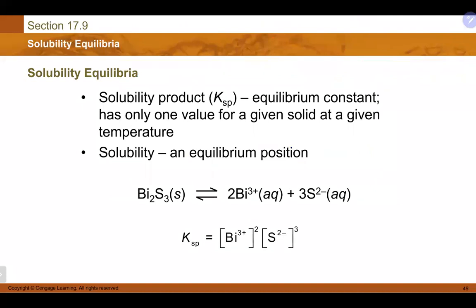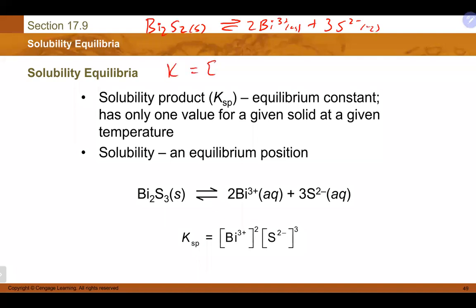The solubility product has only one value for a solid at a given temperature. If we look at Bi2S3, it would break apart into these ions here. We could write our equilibrium expression just like we normally would.